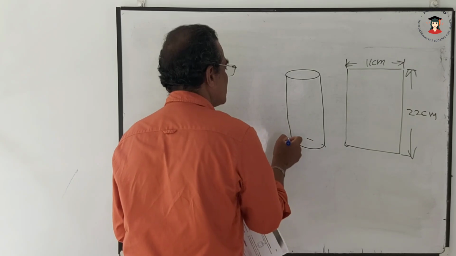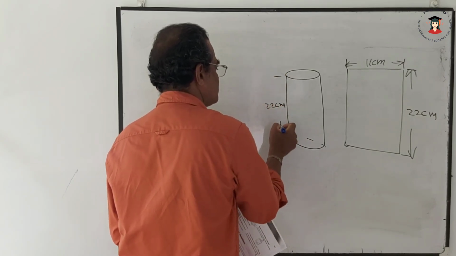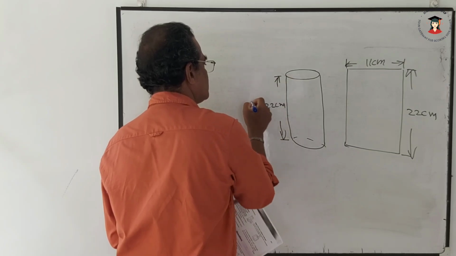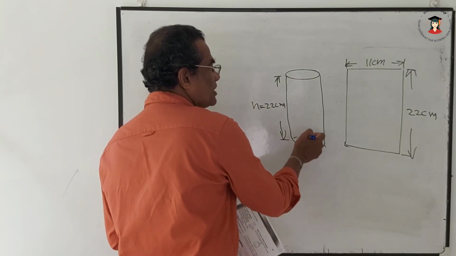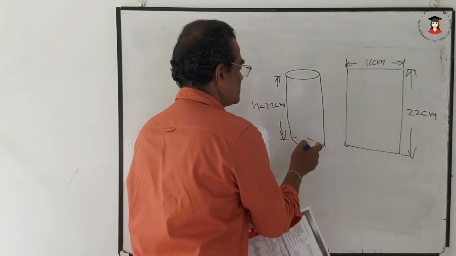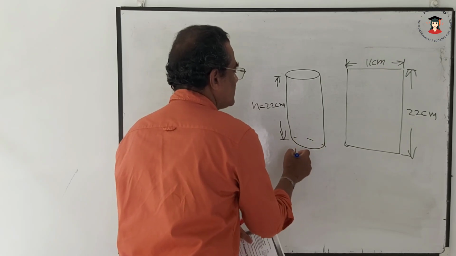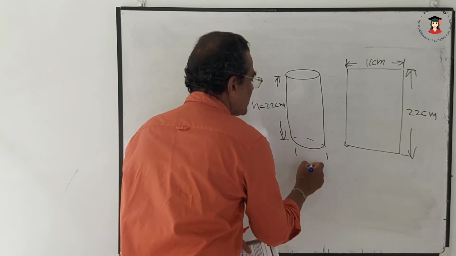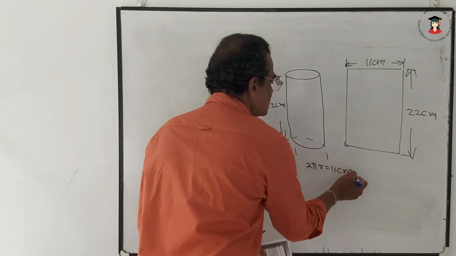And the height of the cylinder, h, will be 22 centimeter. The base perimeter will be equal to 11 centimeter when it is rolled. So this whole length will be equal to 2 pi r, which is 11 centimeter.